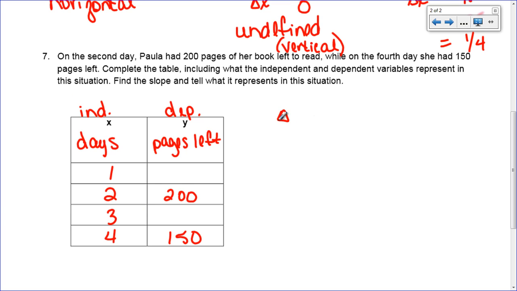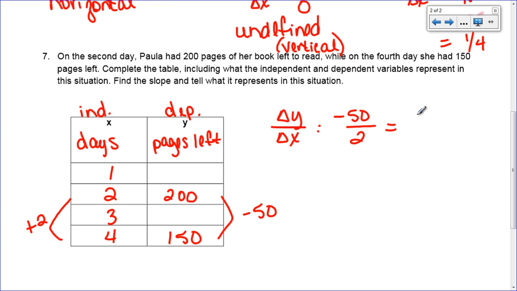So to find my slope, change in y over change in x, we're going to go ahead and find that. Our change in y from here to here is minus 50 pages. And that is for a period of 2 days. So our slope is going to be negative 50 over 2, which if we simplify is negative 25 over 1.